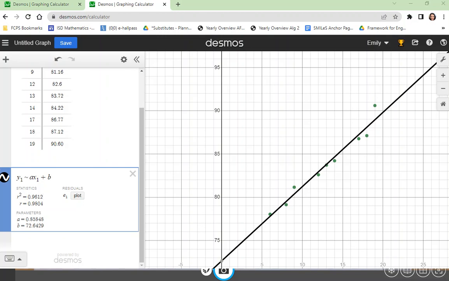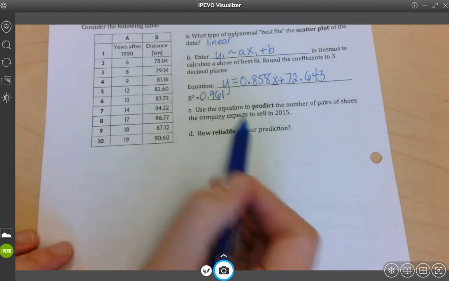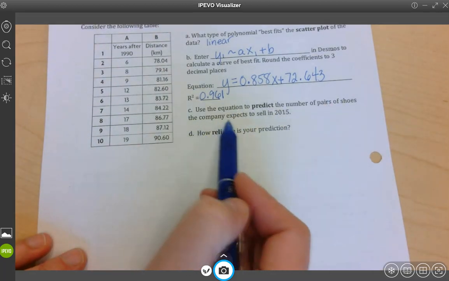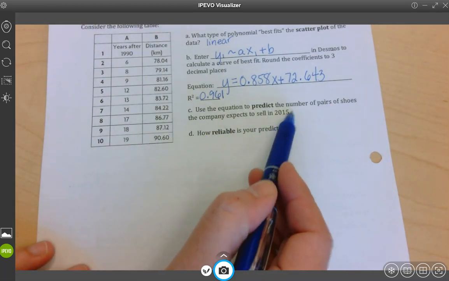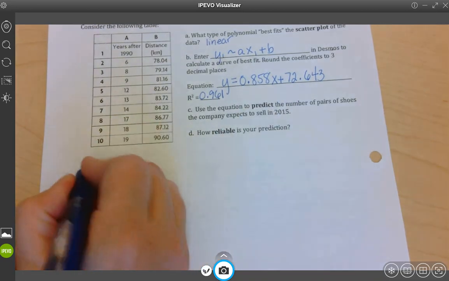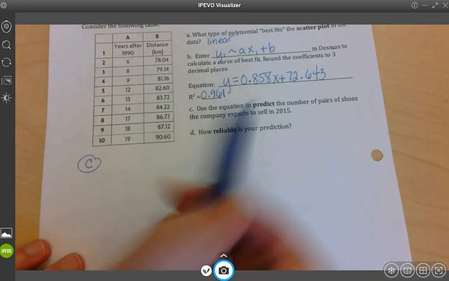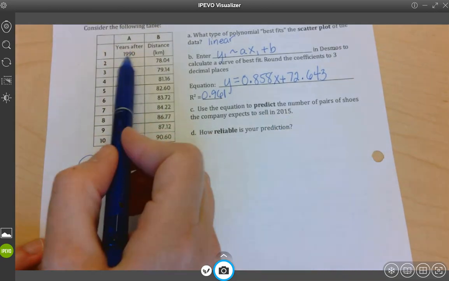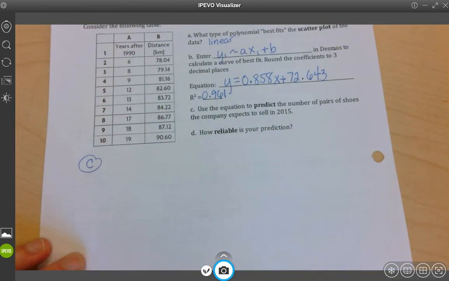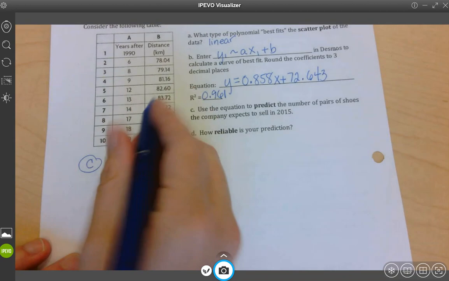All right. For C, use the equation to predict the number of pairs of shoes the company expects to sell in the year 2015. I'm going to solve C down here because I don't really have room. 2015 is how many years after 1990? 25 years.